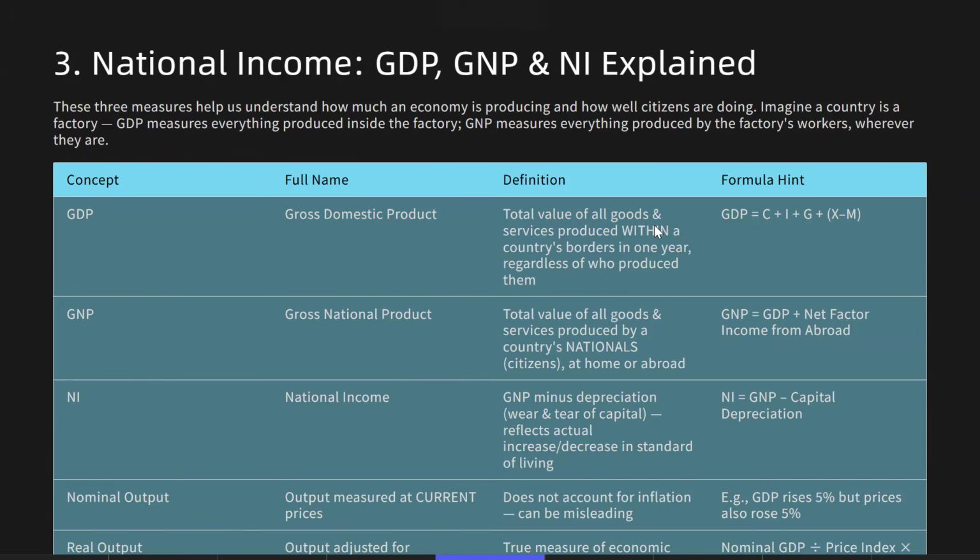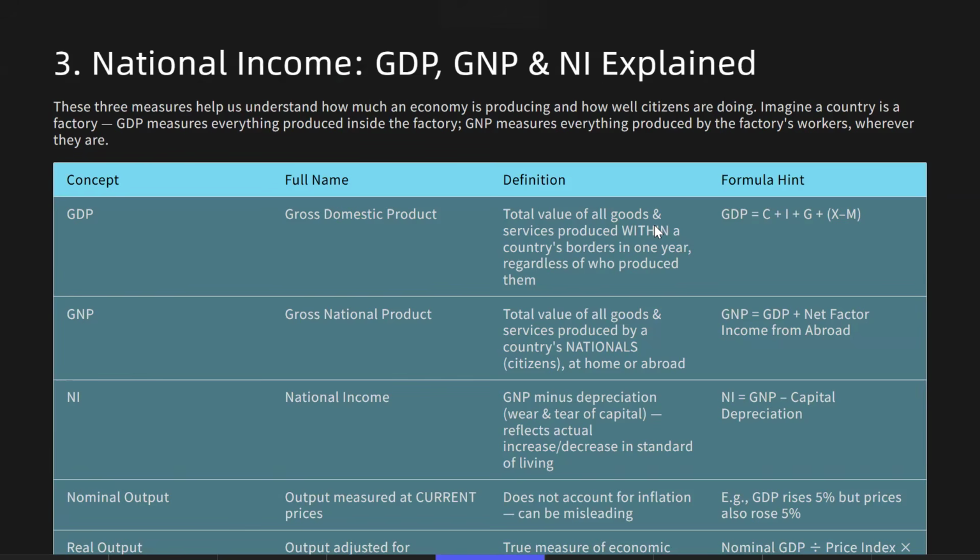But there is one example of a formula right there. GDP equals C plus I plus G plus X minus M. Anybody knows what is the name of that formula? The expenditure method. Good job. All right, good.